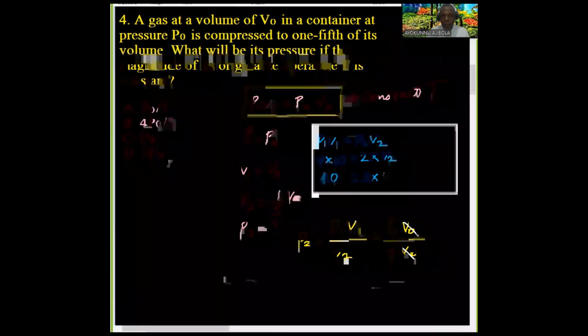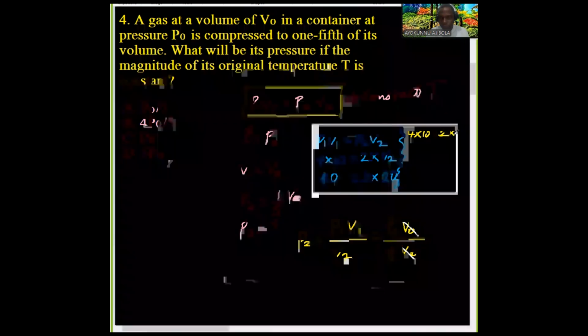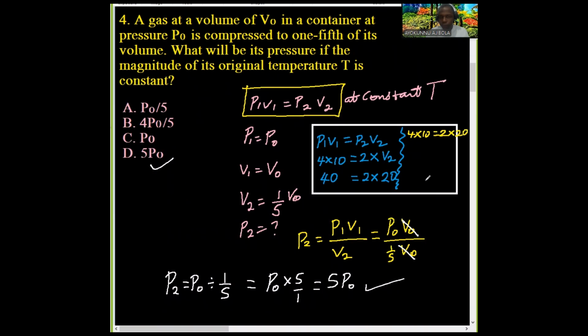2 times what will give me 40? 20. So that means what we have here is that 4 times 10 equals 2 times 20, right?